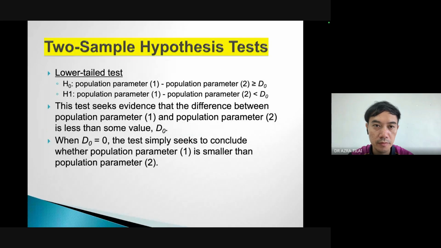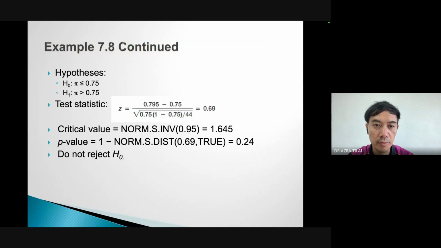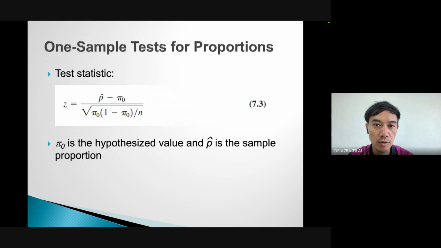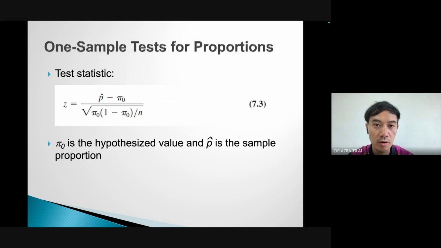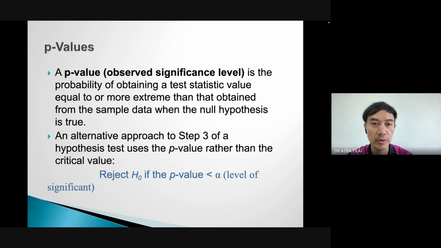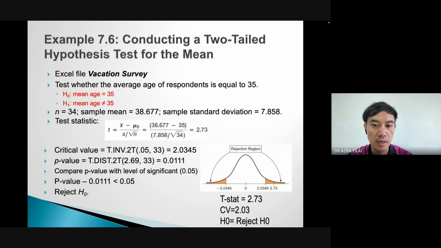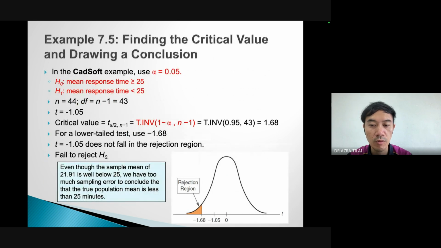So, previously we went through the one sample test for proportion, or we could say the one sample hypothesis test, and we also learned about the p-value, the level of significance, the confidence level, and the rejection region, whether it's a two-tail or one-tail.